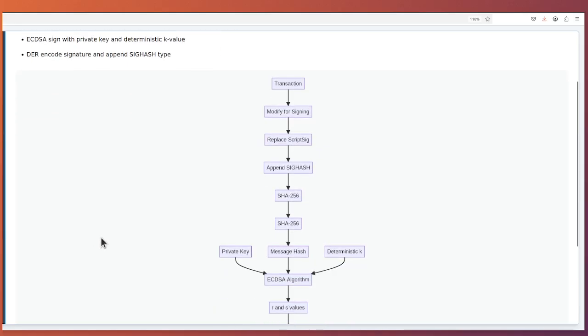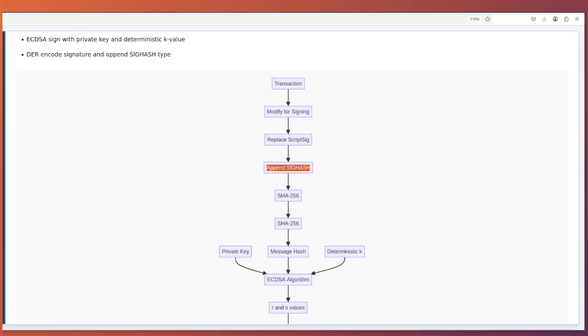The SIGHASH type is then appended to this serialized transaction as a 4-byte little endian integer. The most common SIGHASH type is SIGHASH_ALL, which has the value 0x01. This indicates that the signature covers all inputs and all outputs, meaning the signature becomes invalid if any part of the transaction is modified.